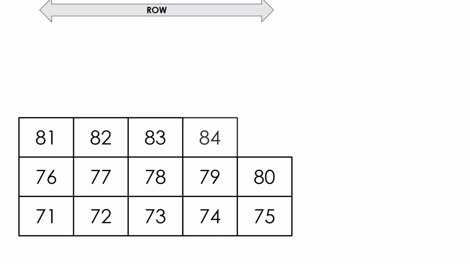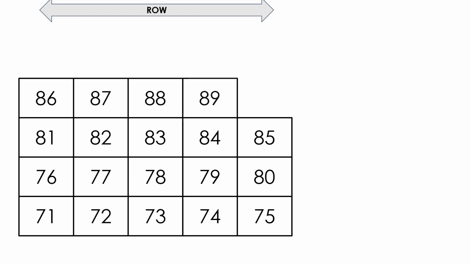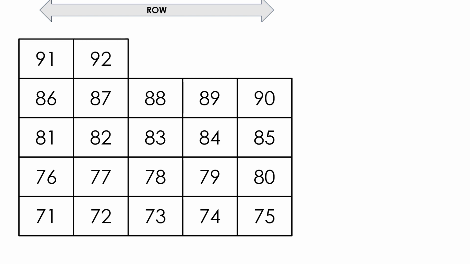What number do you think will go in the green? Let's keep counting and find out. 86, 87, 88, 89, 90, 91, 92, 93, 94, 95. Take a moment. What patterns do you notice?